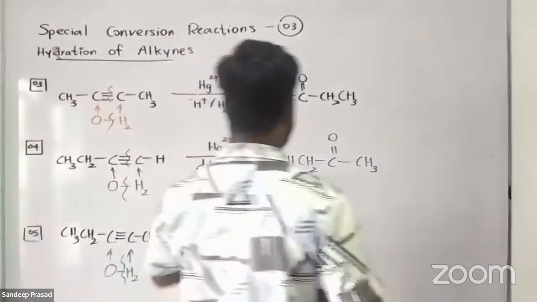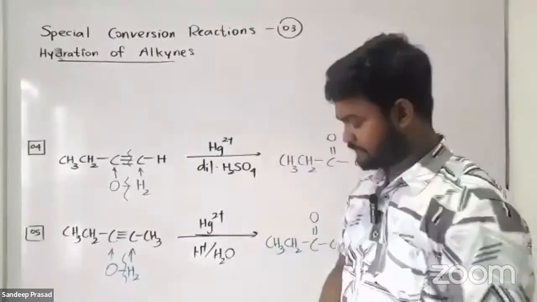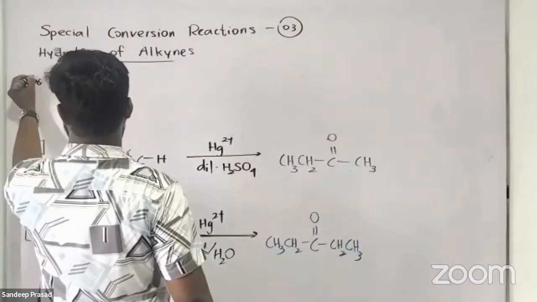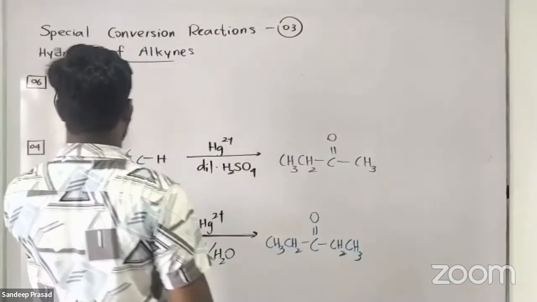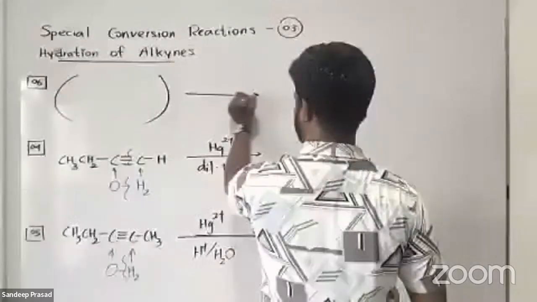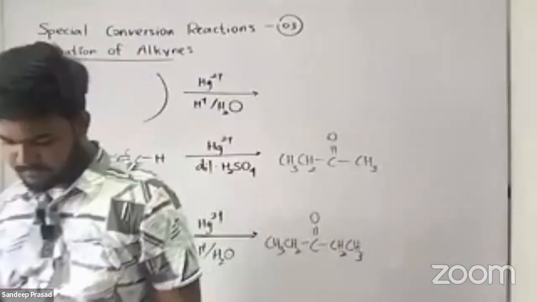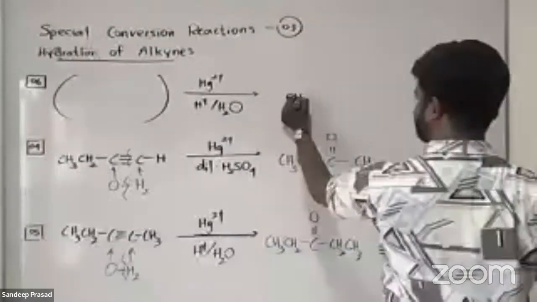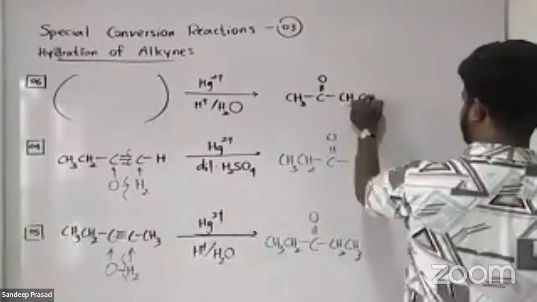Number 6. Let's try to go for the reverse. Let me take here the final compound is CH3, C double bond O, CH2, CH3.